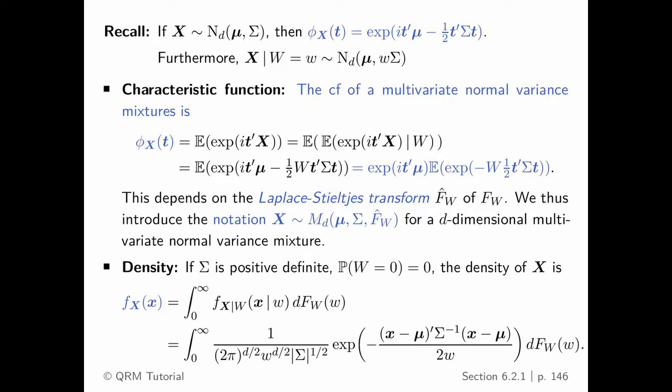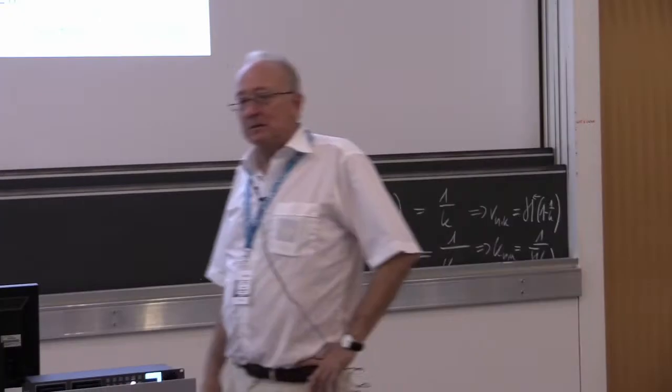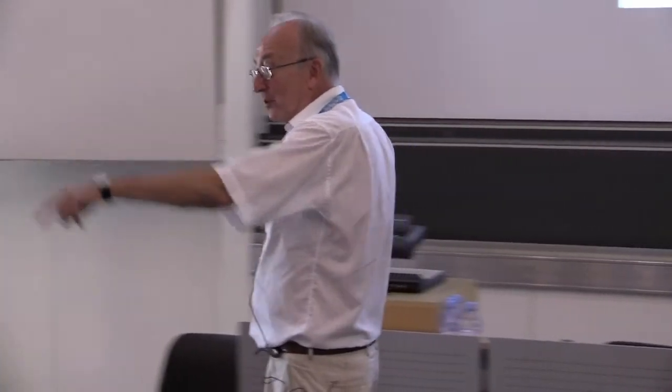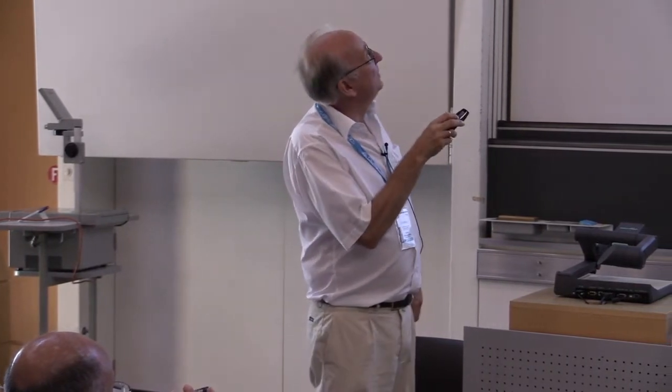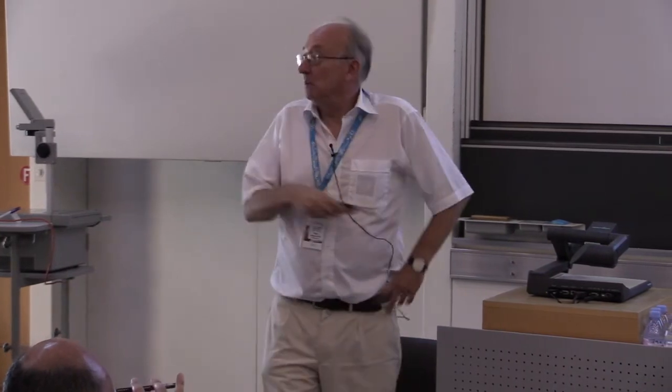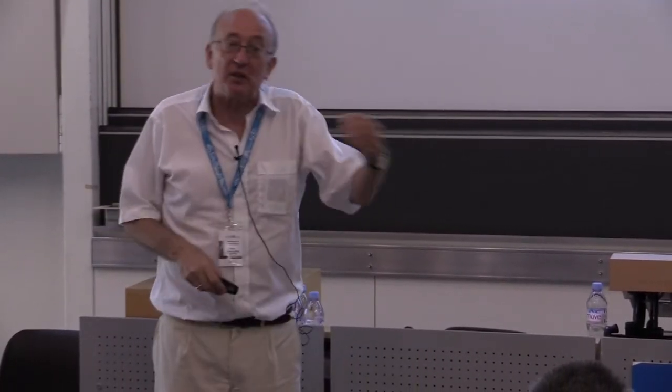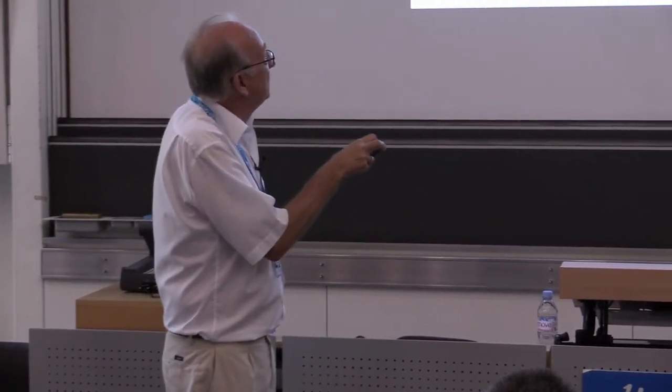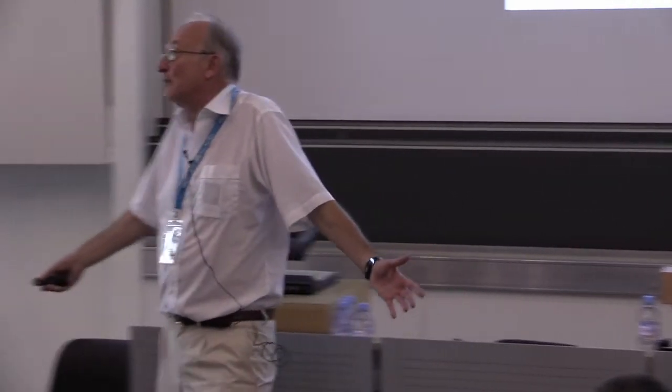Now comes a little exercise. It's very easy. It's immediate. Let's now look at the geometry. Let's look at the density. What have you worked out as density of this? What's the density of this vector? Well, it's the definition. The density of a random vector of this type is a conditional density given W is little w, and you integrate out the distribution function of W. That's just a standard way of working with conditional densities.